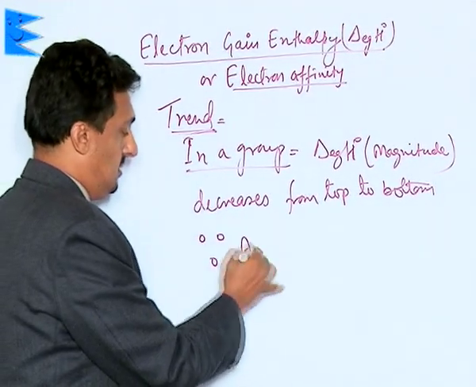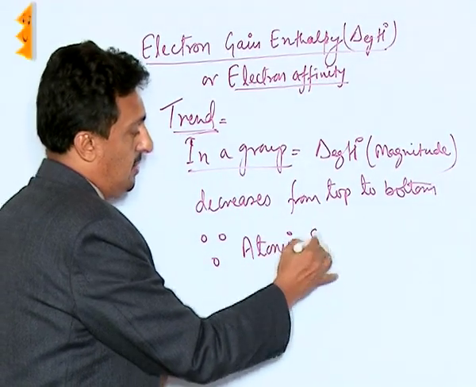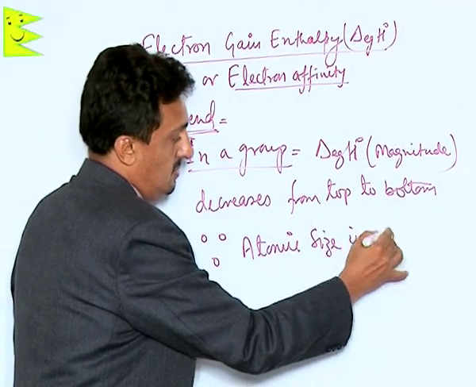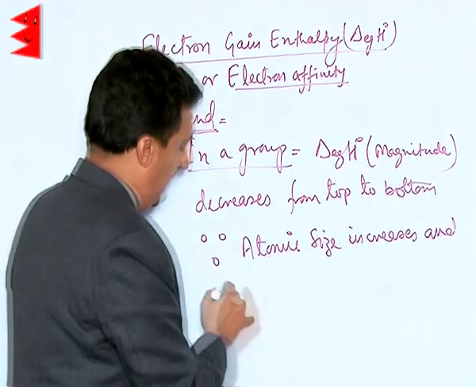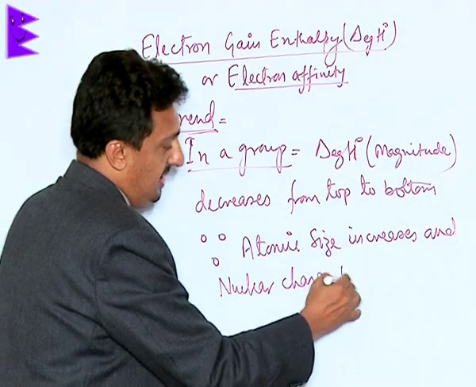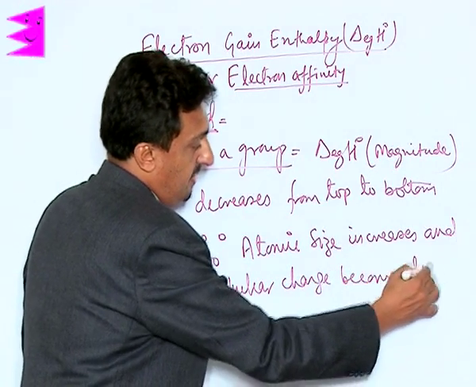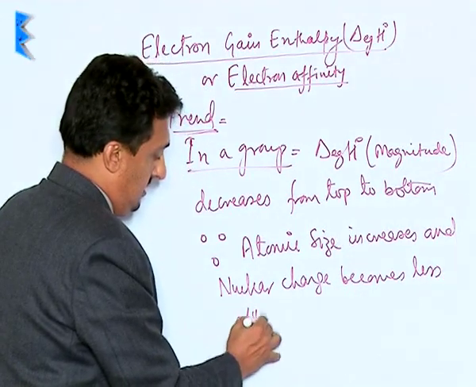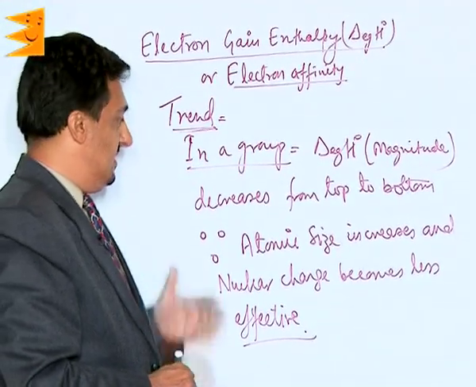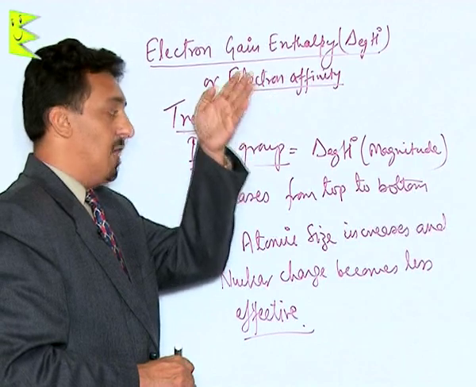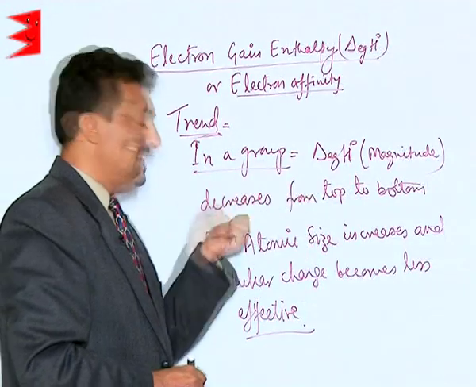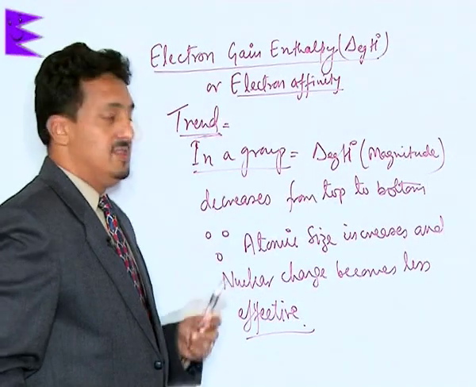Because atomic size increases and nuclear charge becomes less effective. That's why, as we move down the group, the electron gain enthalpy decreases.